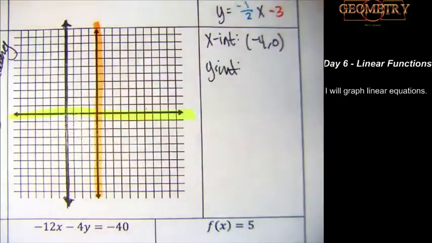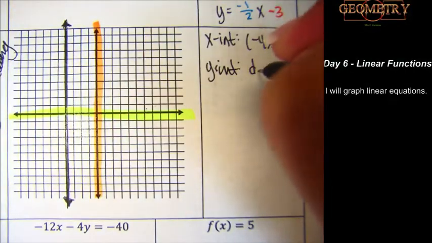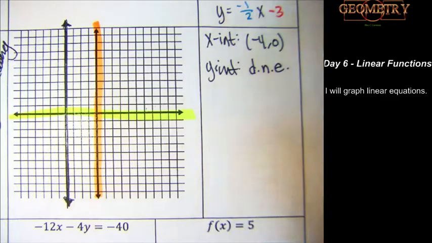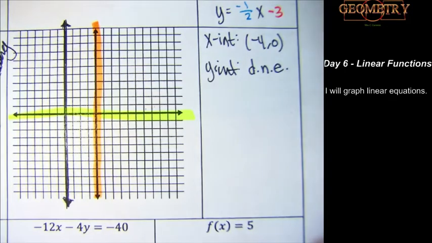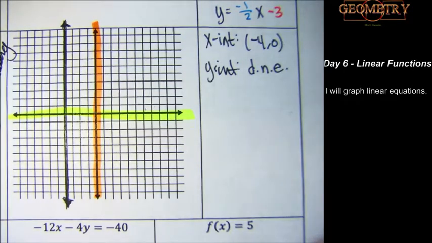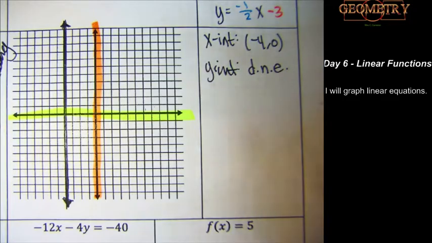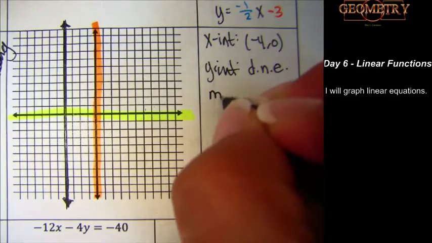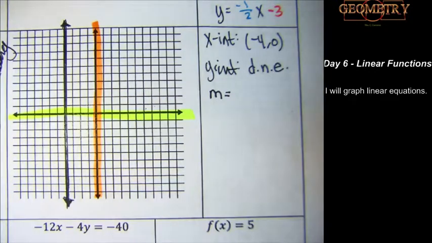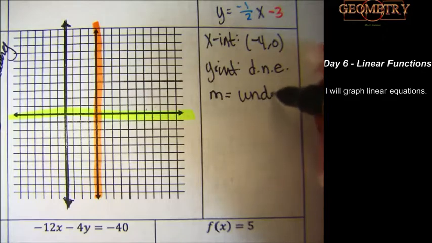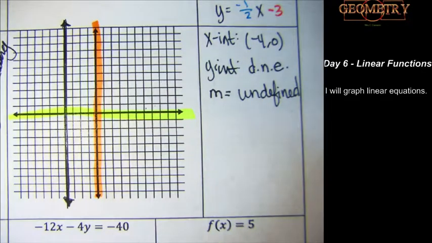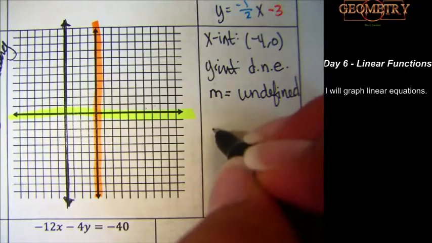Nowhere. So this does not exist. What's the slope? There is no slope. The slope is undefined because it's a vertical line. Undefined. It doesn't exist.